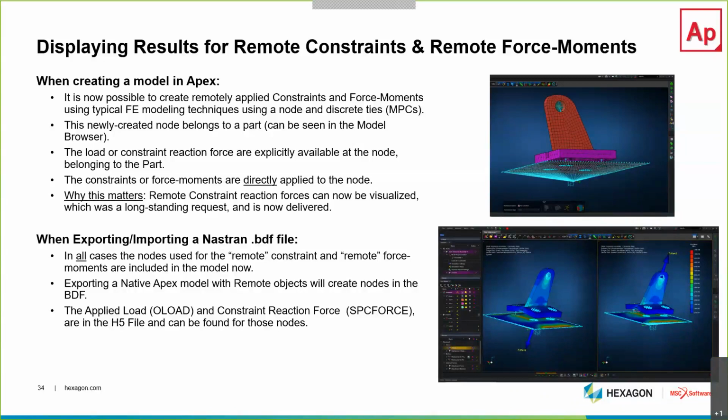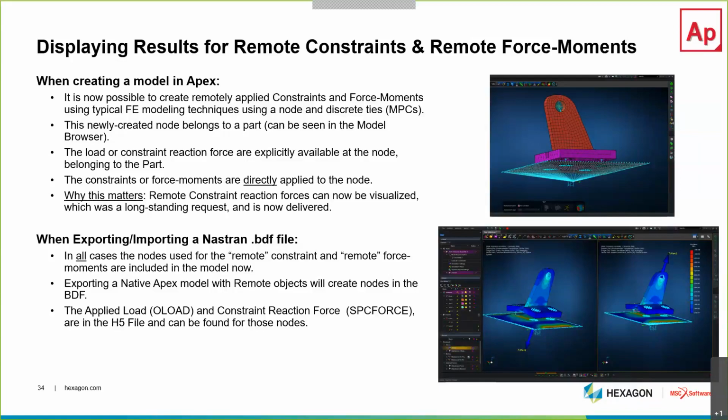So let's say you want to do a force balance equation. You want to do an analysis where you apply a load, you want to see the equal and opposite. Well, in Apex 2020 and earlier, that totally was able to be done, but you needed to apply the constraints directly on the model. You could not actually post-process the constraints if they were remotely applied. It just so happens that a lot of the constraints that are applied are on fastener holes.